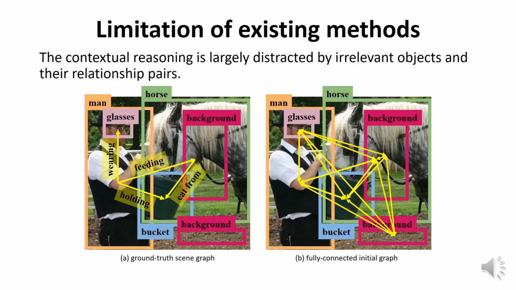There are 6 bounding boxes extracted from Faster R-CNN, 2 of which are from the background. Then the contextual reasoning through the fully connected graph needs to consider 30 potential relations, and 87% of which are not directly related according to the ground truth. These irrelevant relationships may act as distracting outliers.